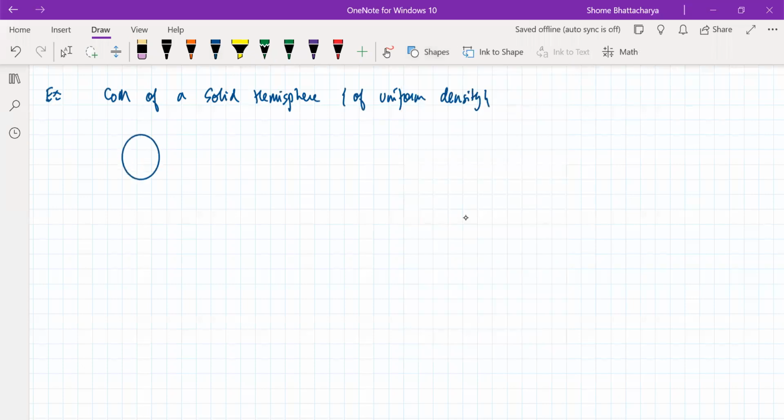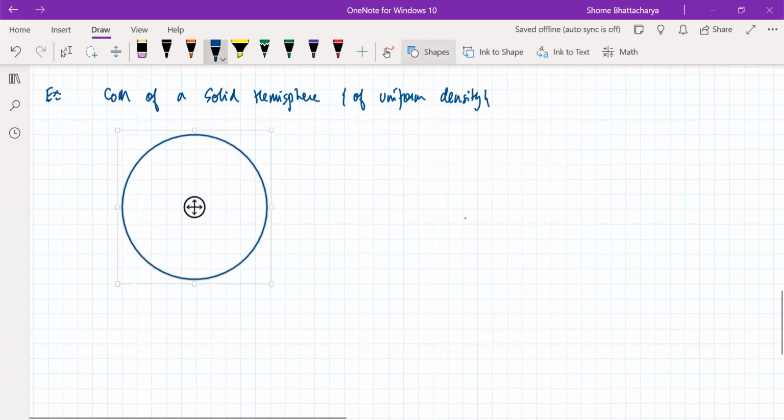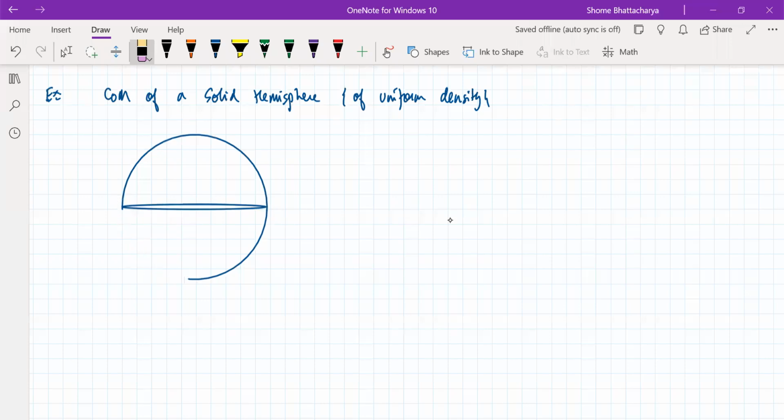So the diagram looks exactly the same, but the difference is now we have to imagine that it is a solid body, not a hollow shell. So once again, we will slice it using a plane which is parallel to the base. But when we slice it this time, what kind of shape will we get for the differential element?